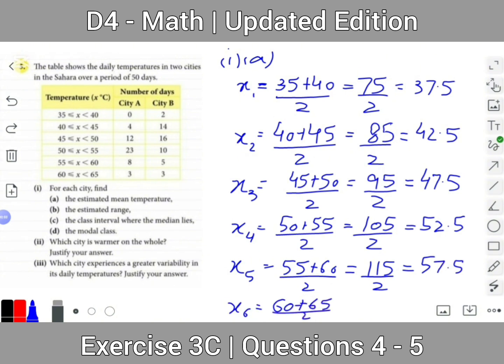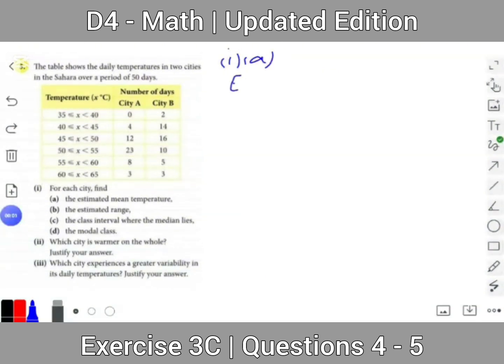Now for the fifth mid value x5, we have 55 plus 60 divided by 2, which is 115 divided by 2, and after division we will get 57.5. Now for the last and sixth mid value, we have 60 plus 65 divided by 2, and we get 125 divided by 2, and after division we will get 62.5. So the sixth mid value is equal to 62.5.